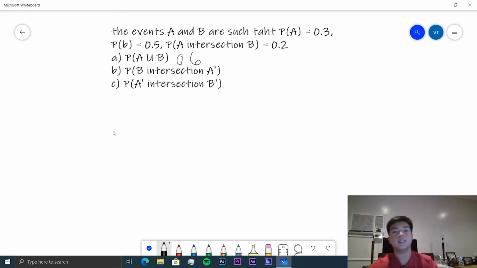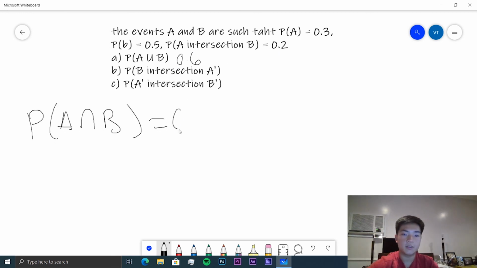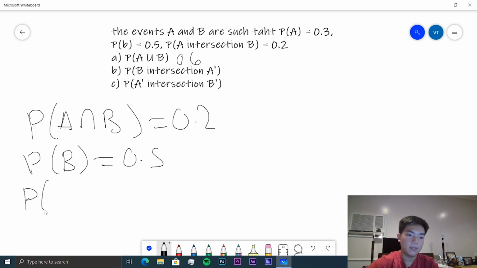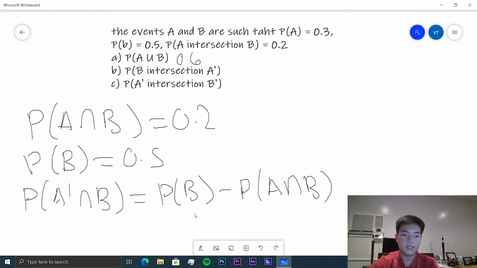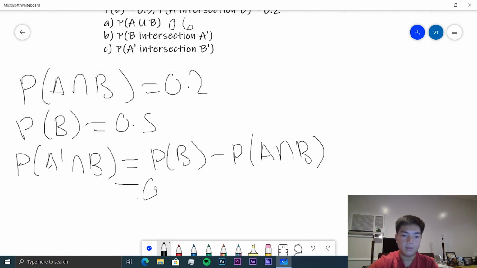So the thing is, because we have the probability of A intersection B is equal to 0.2, and the probability of B is equal to 0.5, it follows that the probability of A prime intersection B, which is all of the elements that are not in A, is equal to 0.5, the probability of B, minus the intersection with the other set. So this is equal to 0.5 minus 0.2, which is equal to 0.3.